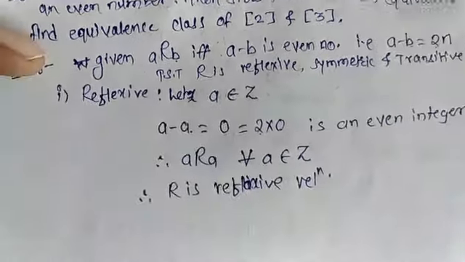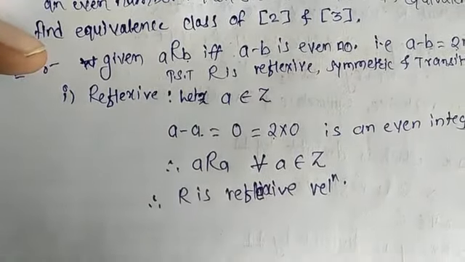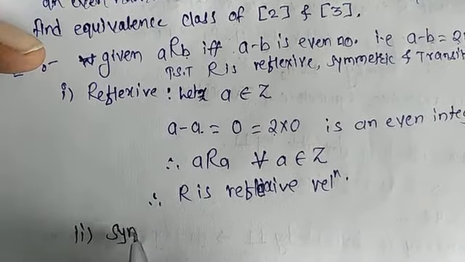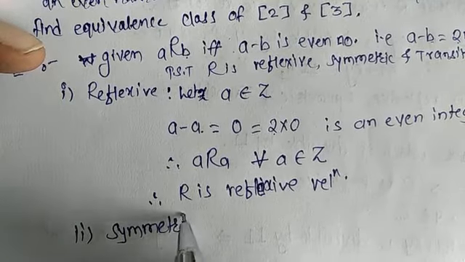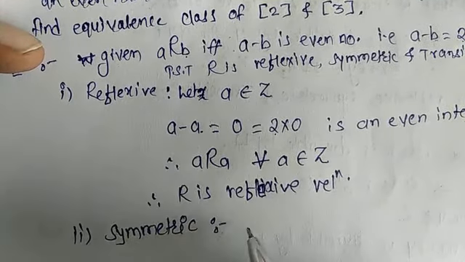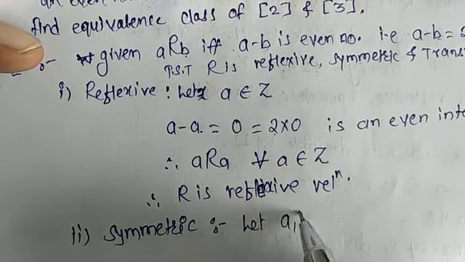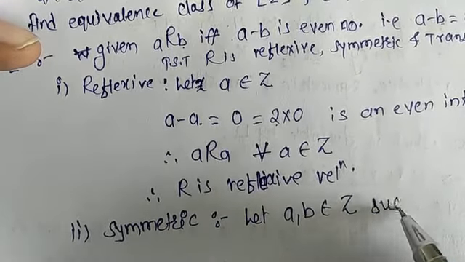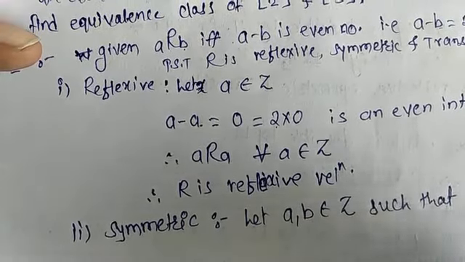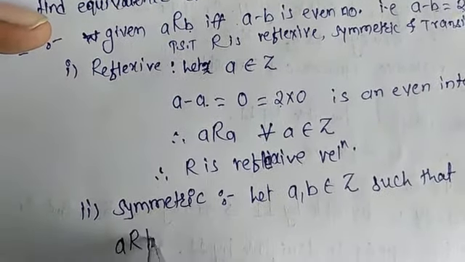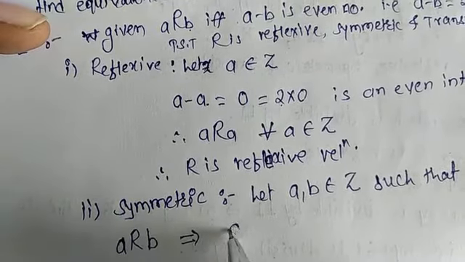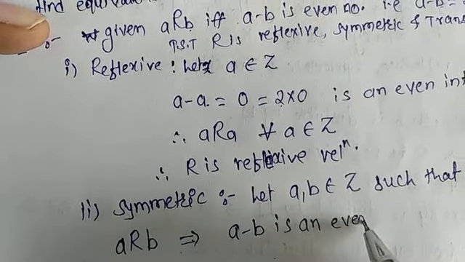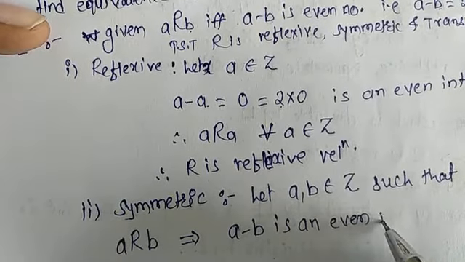Okay, now second, symmetric. For symmetric, let two elements a, b belong to Z such that a is related to b, which implies that a minus b is an even integer.